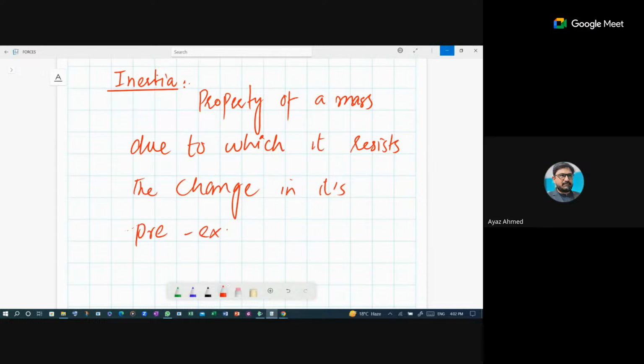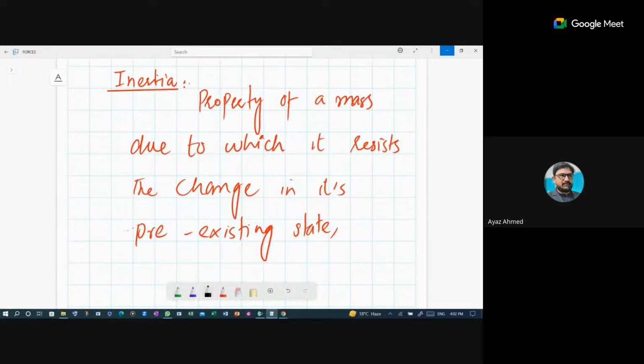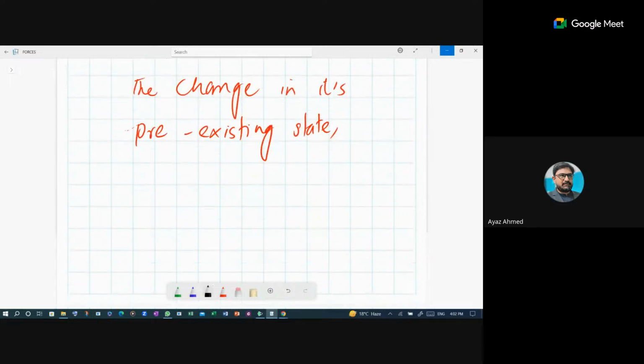What is its pre-existing state? For example, a body at rest would remain at rest. If a body is in motion, it would remain in motion. This is the same thing the first law states. That's why the first law is called the law of inertia. Okay, is this clear? Yes, sir.